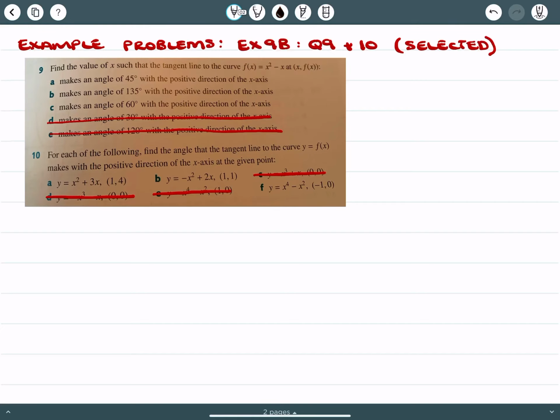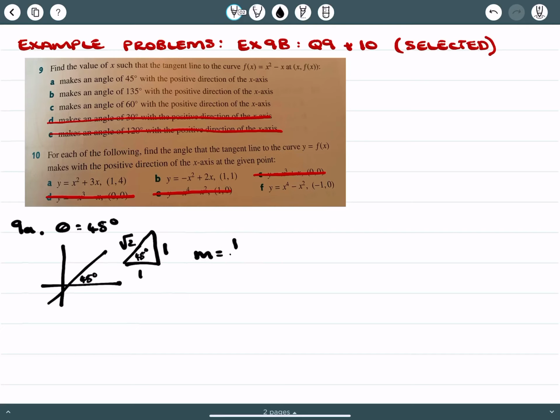If I look at 9a, the first thing I'm going to do is say that my angle here is 45 degrees. I'm just going to do a rough sketch on a set of axes, 45 degrees, and this triangle would look something like that. I know by my exact values with circular functions, I have 1, 1, and square root of 2. Now my m here will be my rise over 1, which equals 1.